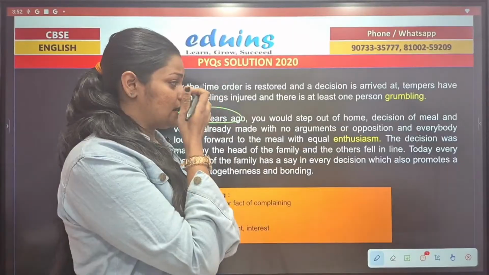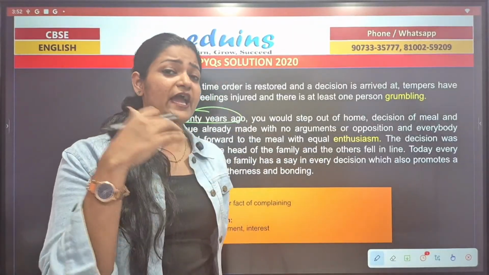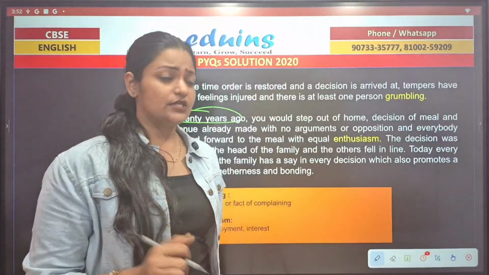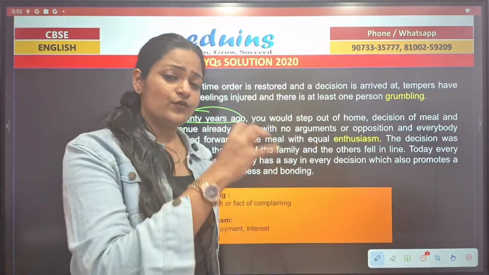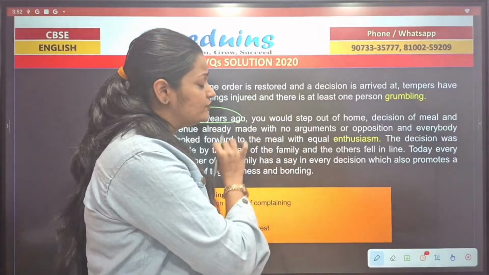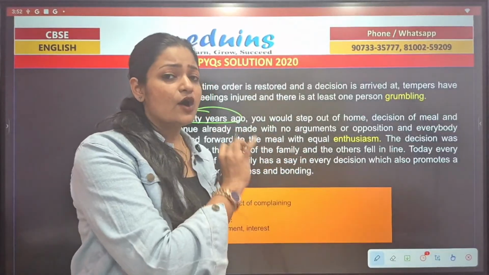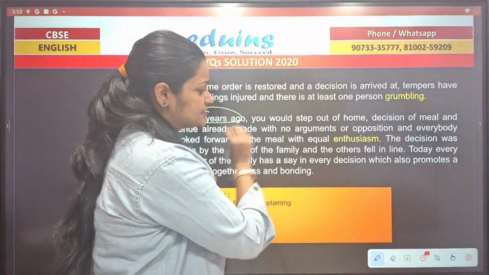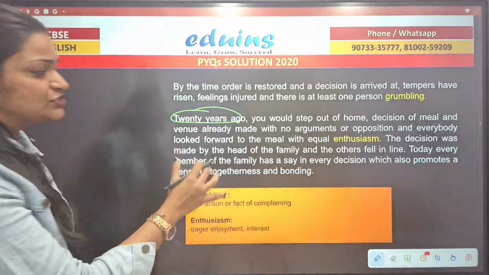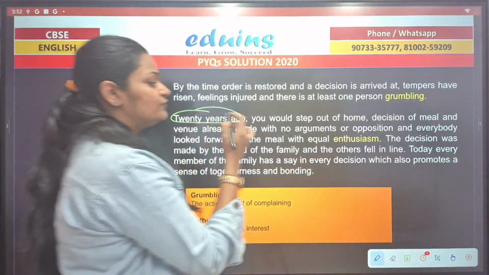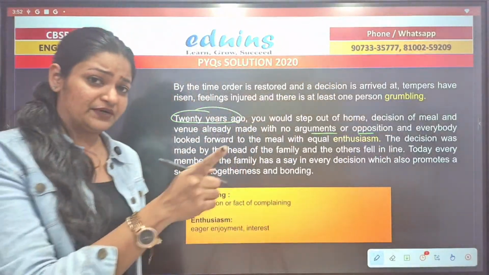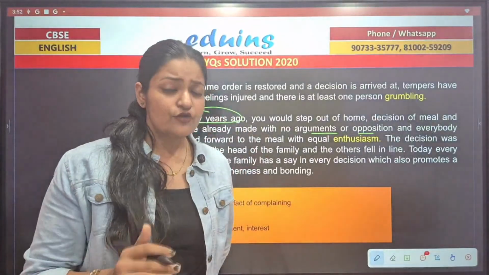Here it comes when the bread earner or the head of the family takes a decision and decides where we will go, what we will eat, and how much time we are going to spend over there. So all this opposition and arguments will not take place if one person takes a decision of everything.